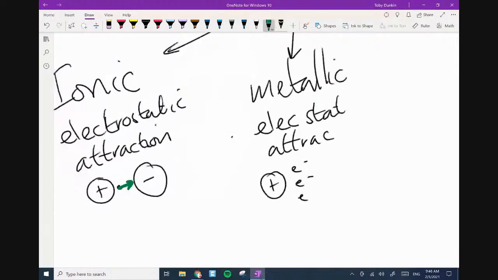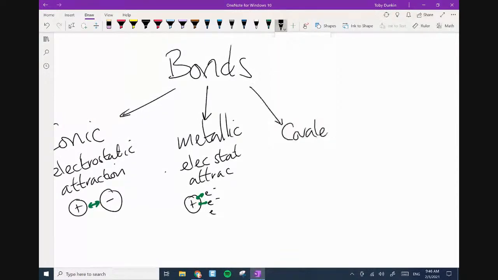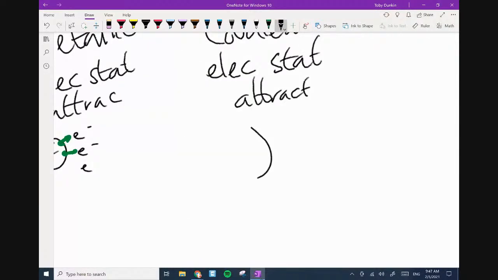And now we've come across covalent. Covalent bonds are the electrostatic attraction, they're all the same thing, aren't they, but between different things, between a shared pair of electrons and the nuclei of 2 atoms.